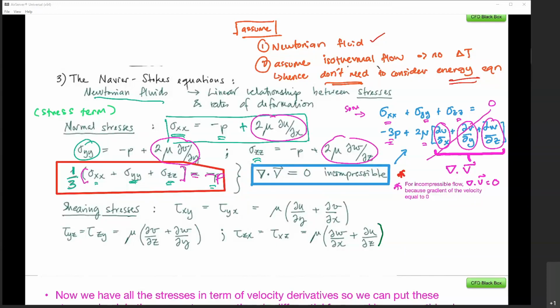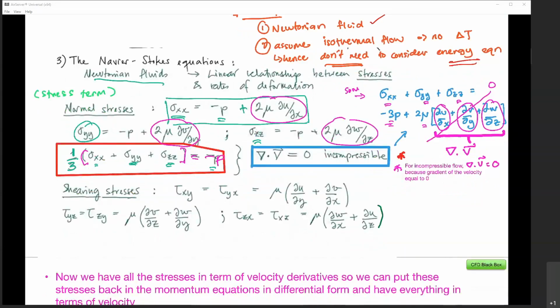And for the shearing stresses, the researchers have derived the following equation. Tau xy equals tau yx equals mu times du dy plus dv dx, and as given here, tau yz and tau zy are the same, as well as tau zx and tau xz.